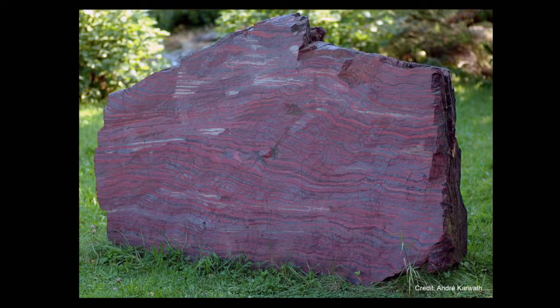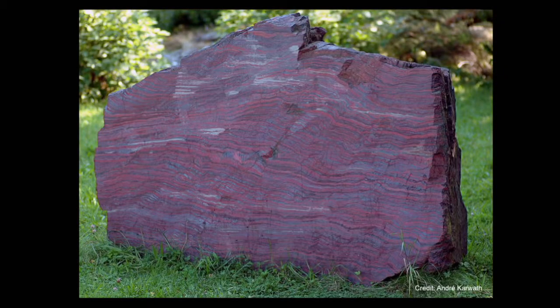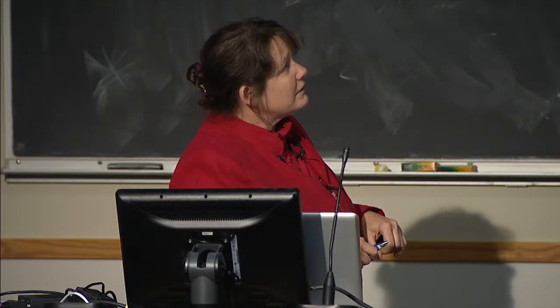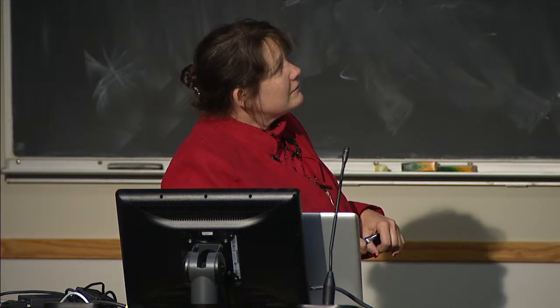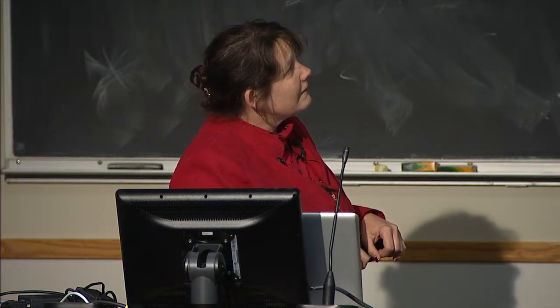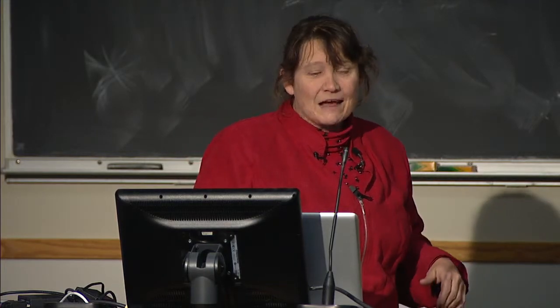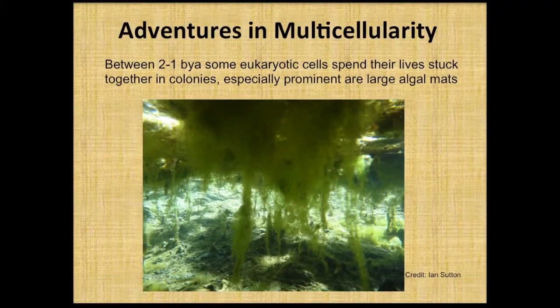And you get these beautiful banded iron formations like this one from Ontario, points at which a wave of oxygen came through that was enough to bond with the iron and produce these beautiful layers. And that set the stage for lots more evolutionary experiments, different directions, different talents, different emerging functions.